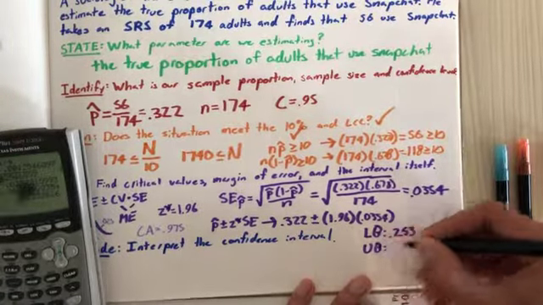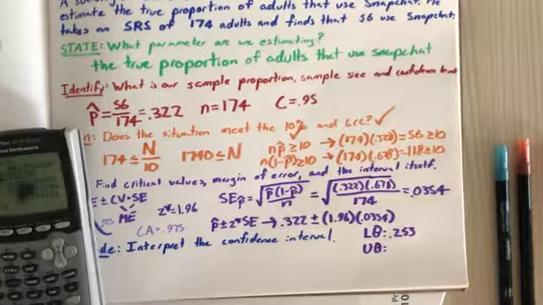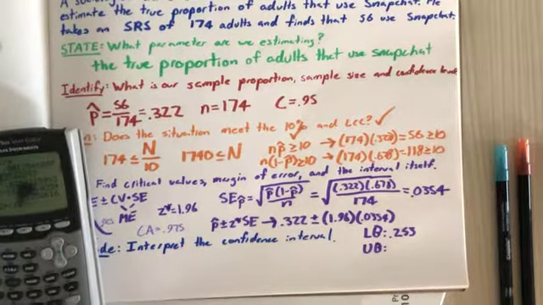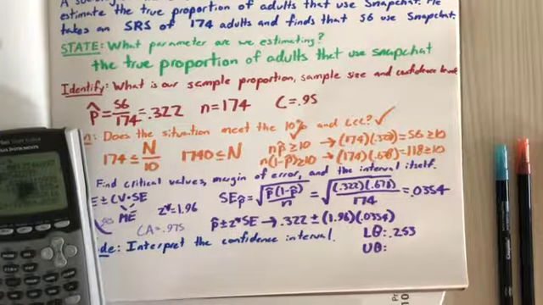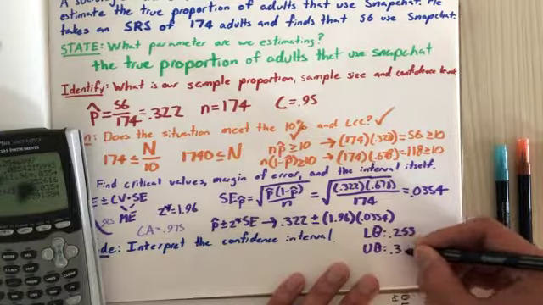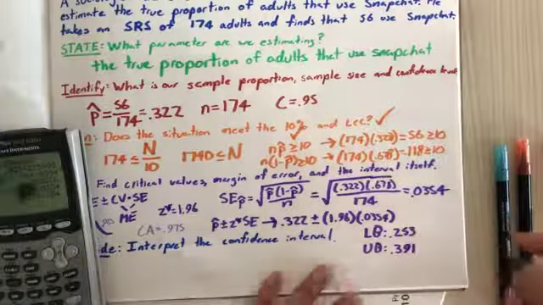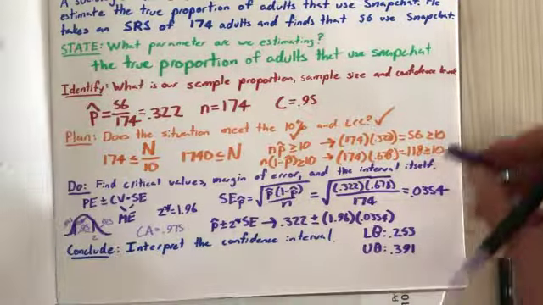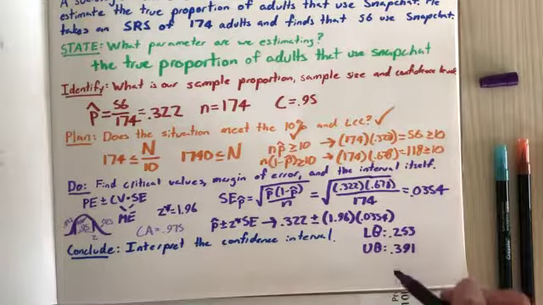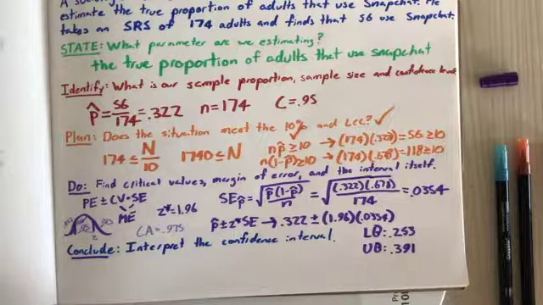And our upper bound is going to be 0.322 plus 1.96 times 0.0354, which is 0.391. Okay, so this is our interval. Our interval runs from 0.253, 25% of adults, to 0.391, about 39% of adults.